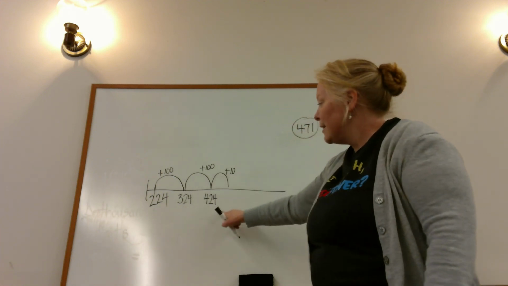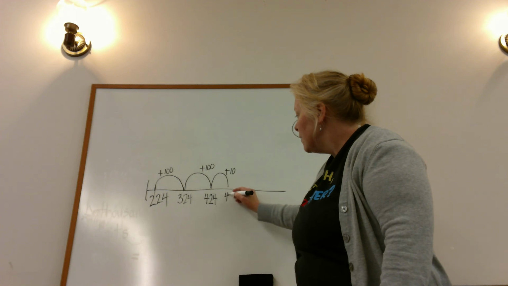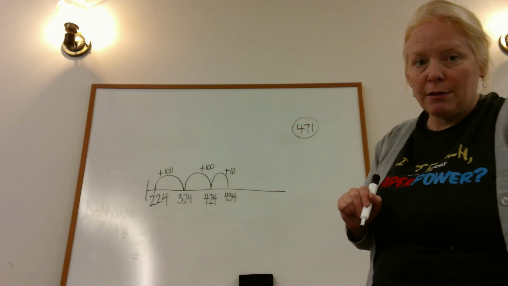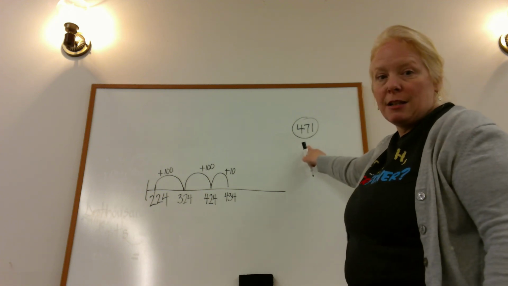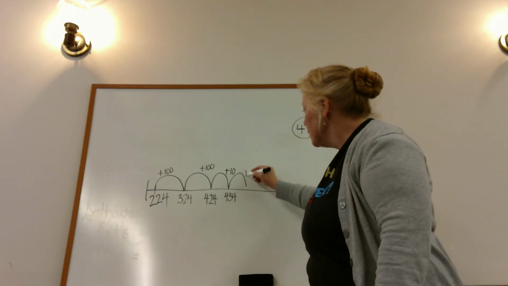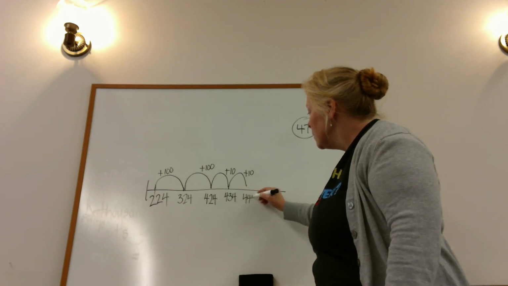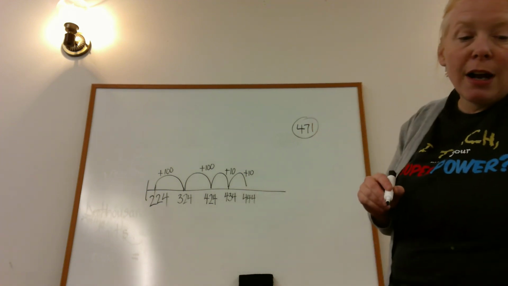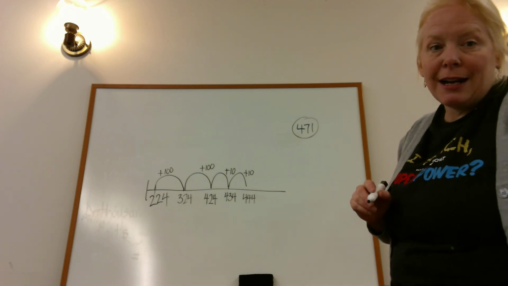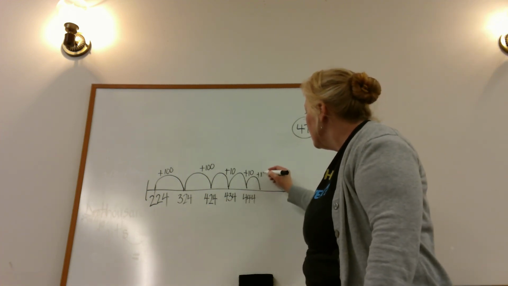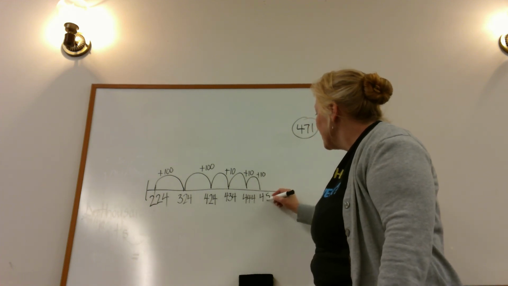If I add a 10 to this number, I will get 434. I'm still not to this number though, so I have to keep going. Add another 10. I am at 444. I still need to add a 10, don't I? 454.